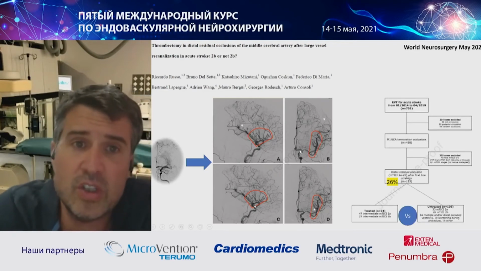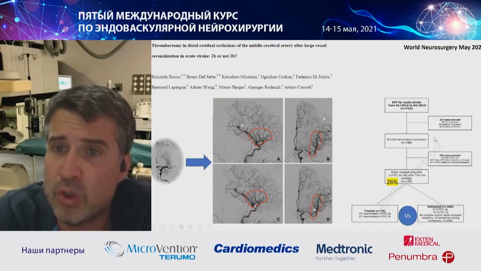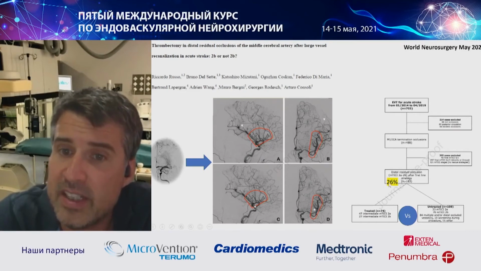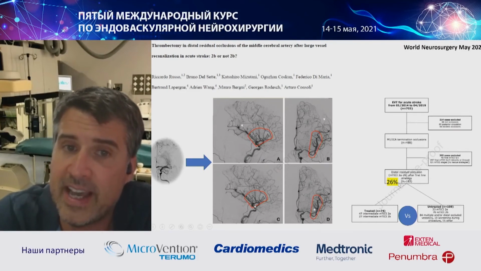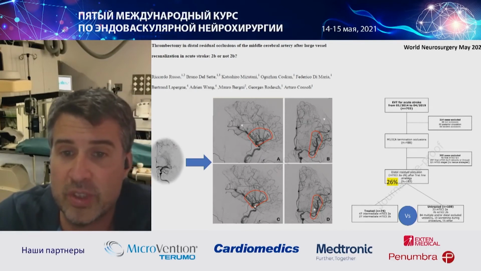So the results are very interesting. You see that from 700 patients, they excluded those with initial distal occlusion, and they kept only those with an initial proximal occlusion that after treatment, 26% of them had a distal residual occlusion after initial endovascular treatment.